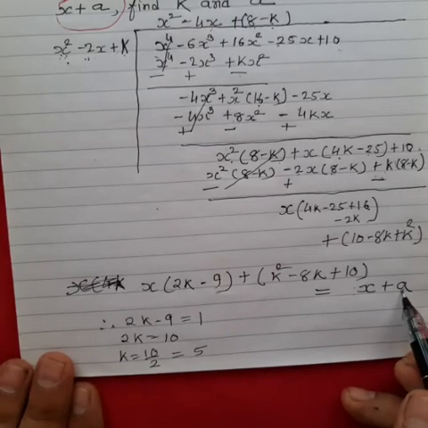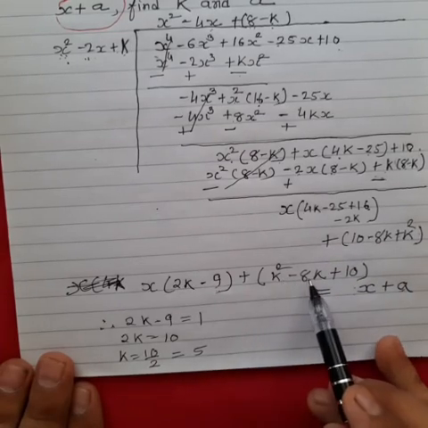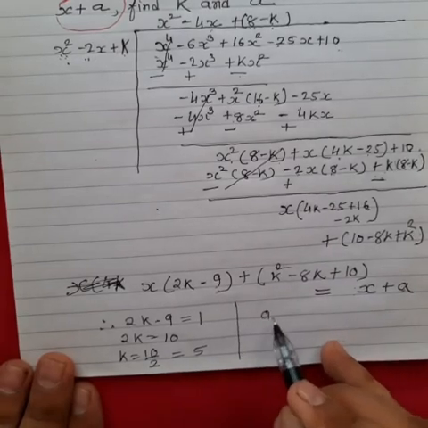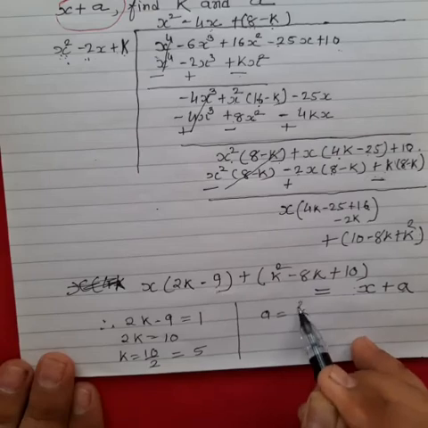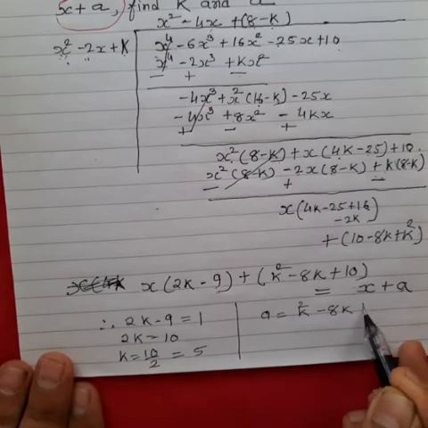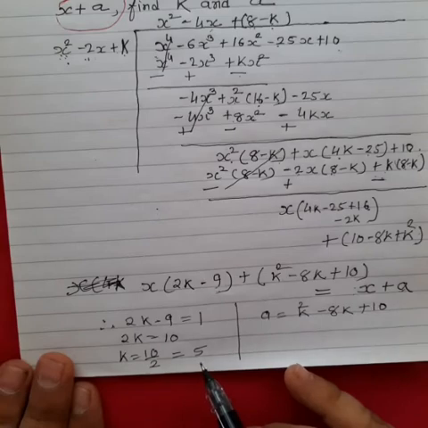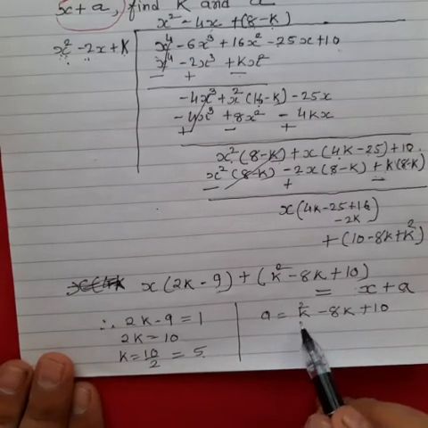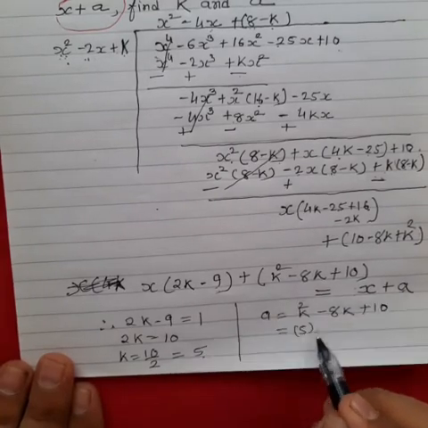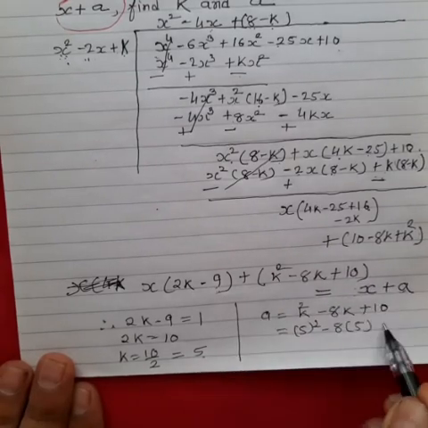So a is the constant part, and that constant part is compared with k square minus 8k plus 10. So what do you write? A is equal to k square minus 8k plus 10. Now what is the value of k? That is 5, that we plug in. So what do you get? 5 square minus 8 into 5 plus 10.